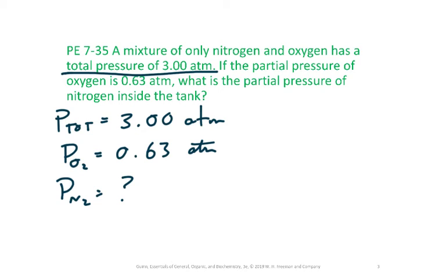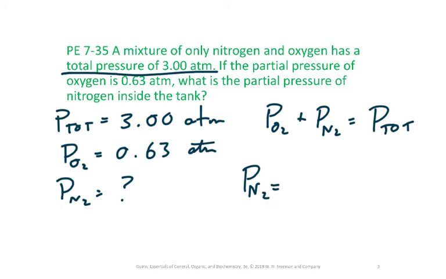Okay, so we'll write out what we know and what we're looking for, and then we find the relationship between them. And we know that the partial pressures add up to make the total pressure. So if we're solving for P N2, that would be the total pressure minus the pressure that oxygen gives.